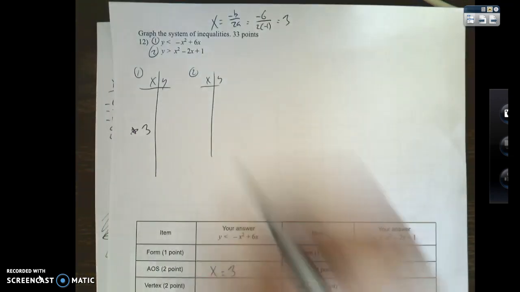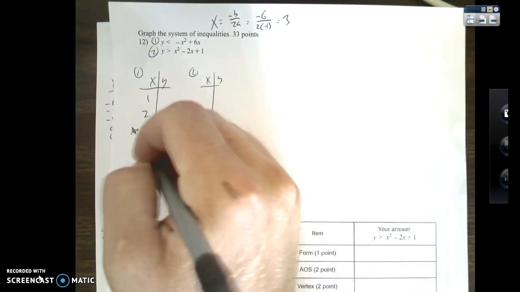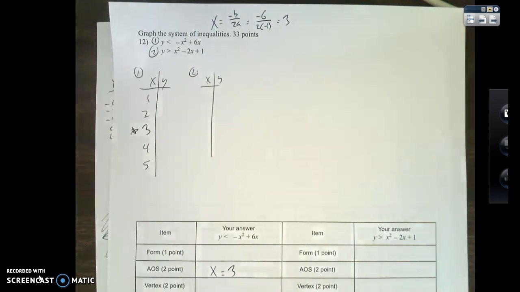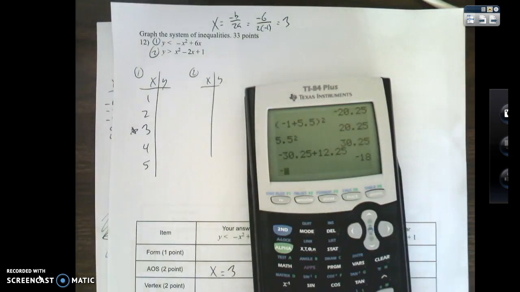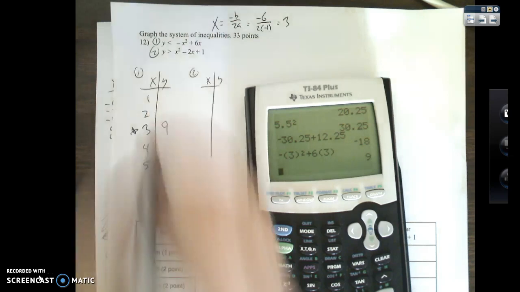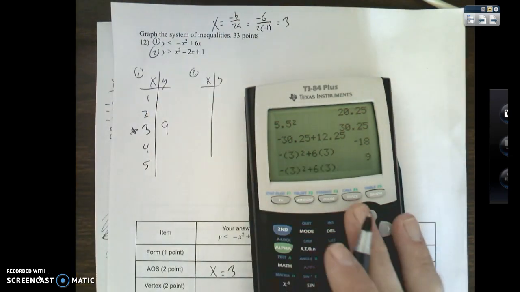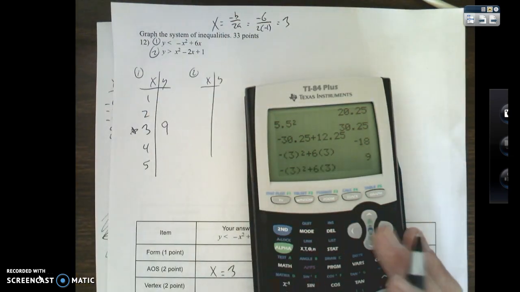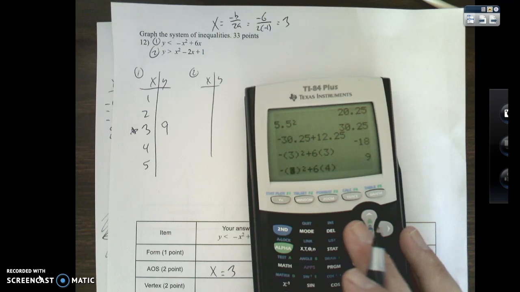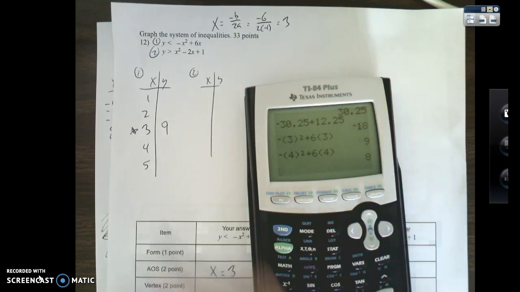Okay. Build my XY chart. So it's negative (3) squared plus 6 times (3). We're looking at 9. If I change that 3 to a 4, 8.